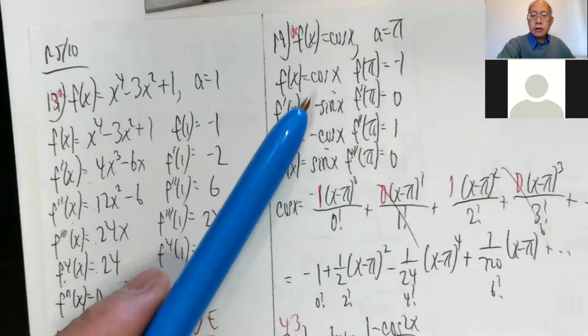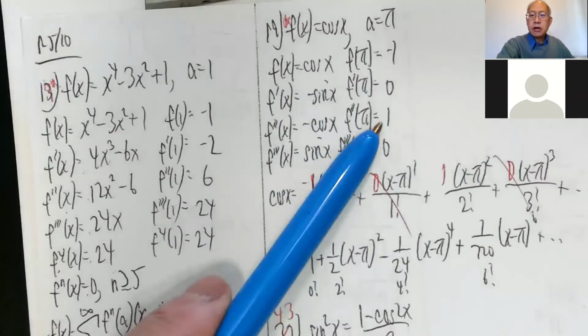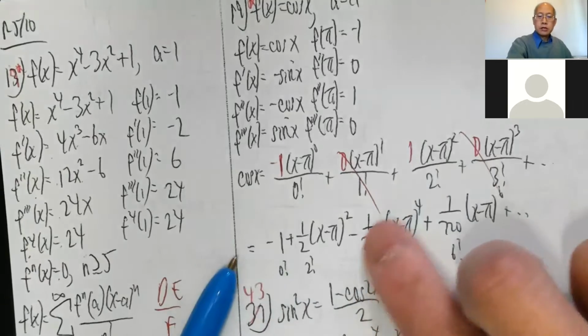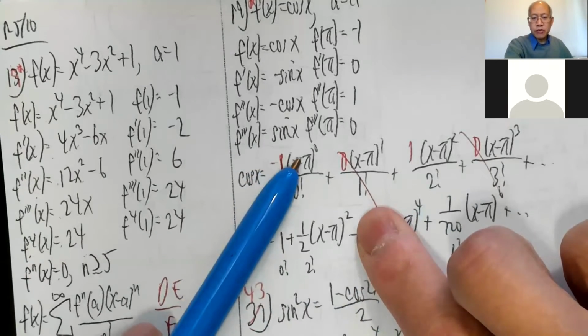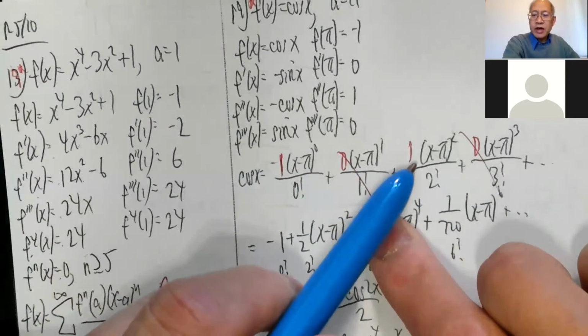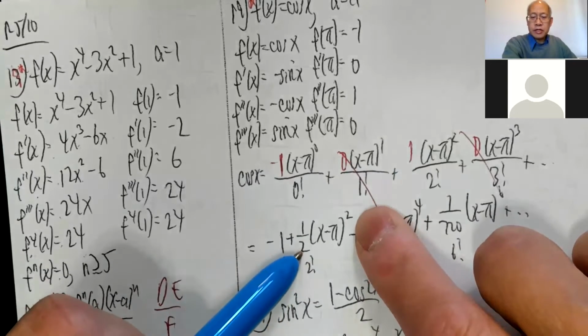And then going in as coefficients, -1, 0, which means that's gone. 1, 0, which means that's gone. So I just have -1 times x minus pi to the 0, that's 1. 0 factorial, that's 1. So -1 plus 1/2 x minus pi squared over 2 factorial, which is a half.